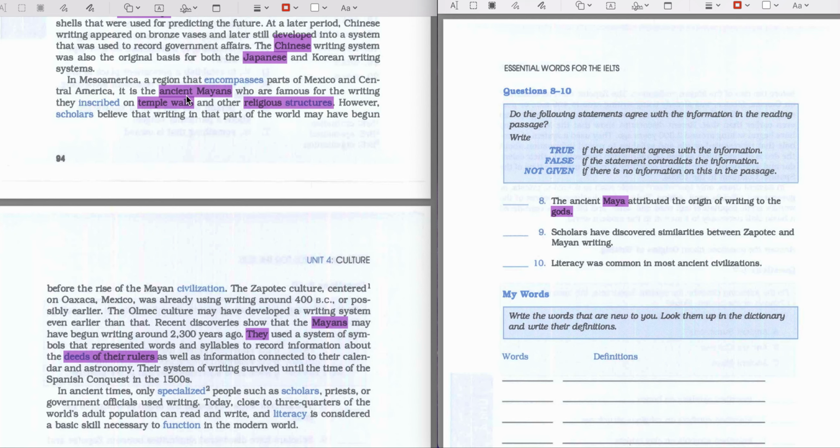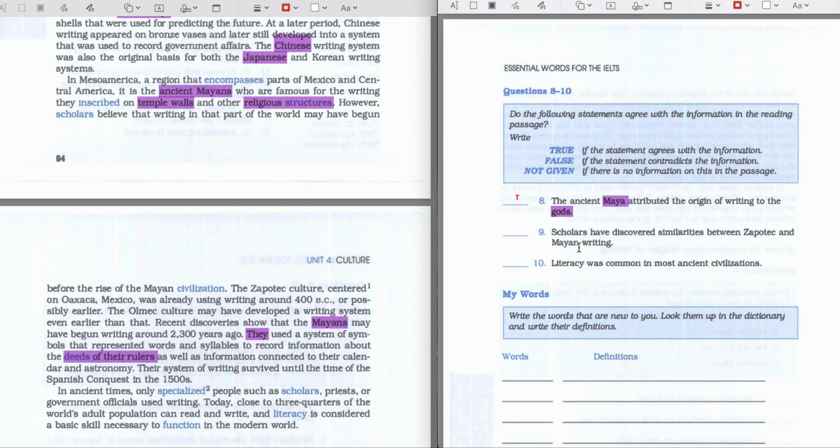So here they were saying that ancient Maya were just describing the temple walls and their religious structures. This is definitely true, because we know that they used temples and other religious structures, because they believed in God, and their writing was just related to God.